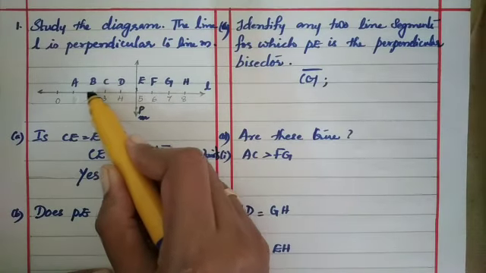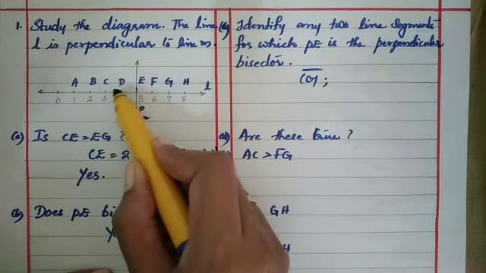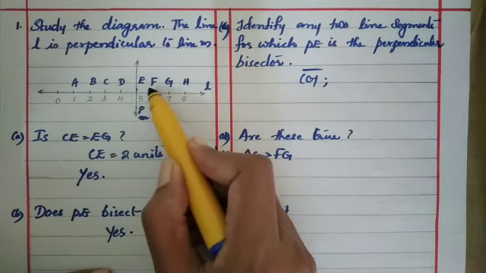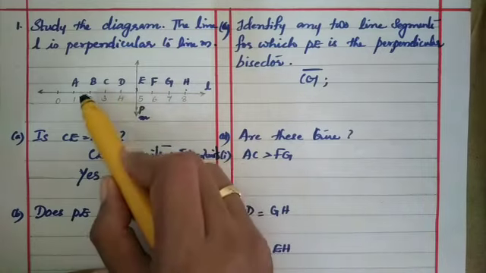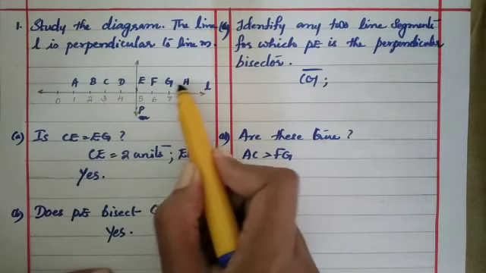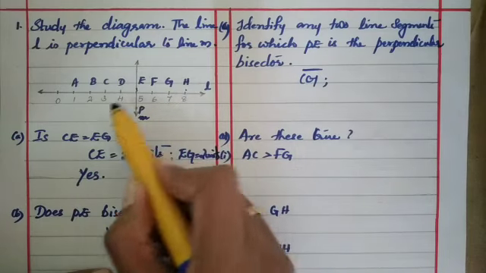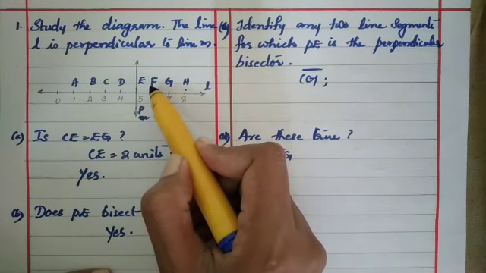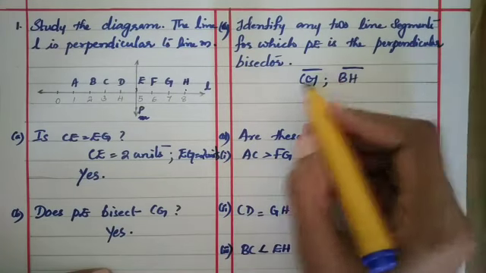Then B to E, how much? 1 unit, 2 units, 3 units. Then E to F is 1 unit, E to G is 2 units, E to H is 3 units. So BH is also a line segment. B to E is 3 units, E to H is 3 units. So BH is also a line segment. Here BH is there, DF is there. You can choose any. So here write BH and CG.